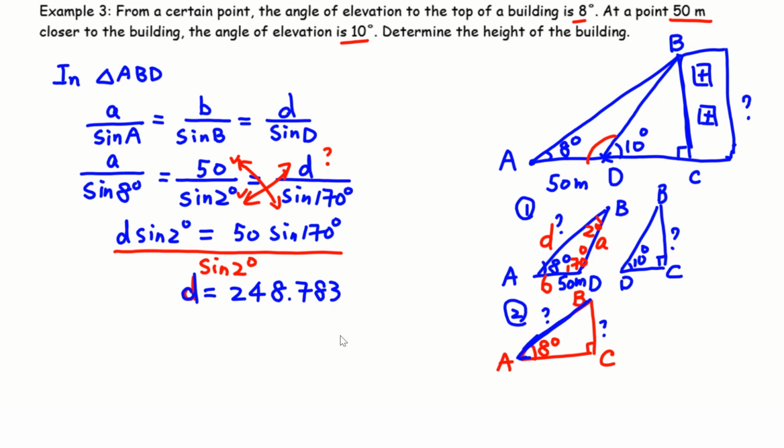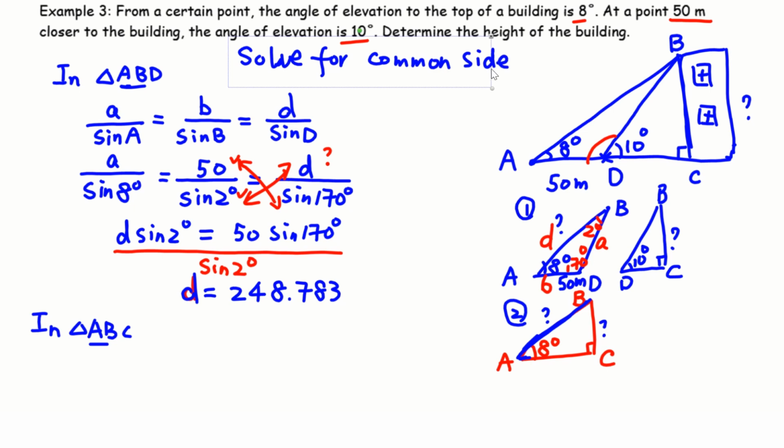So in the triangle ABC, that's the reason we want to find the common side. So it's very important to solve for the common side, because once we have the common side, then you can use it for the next triangle.